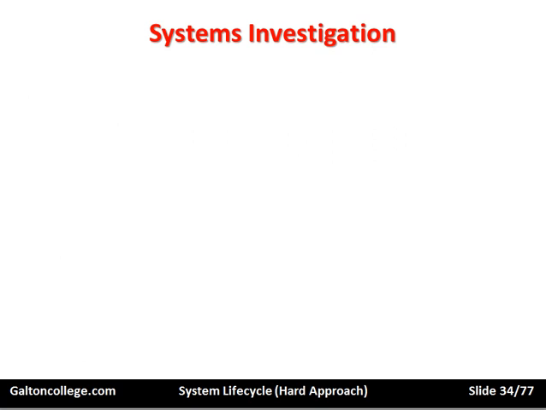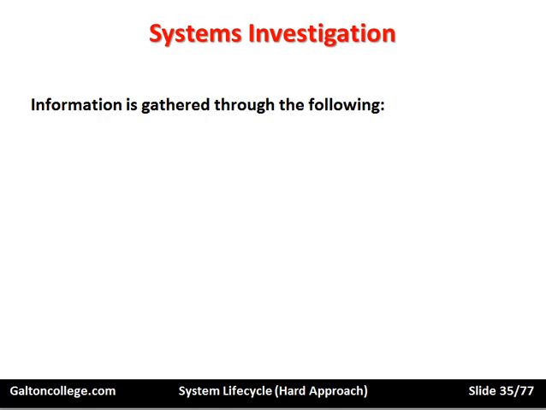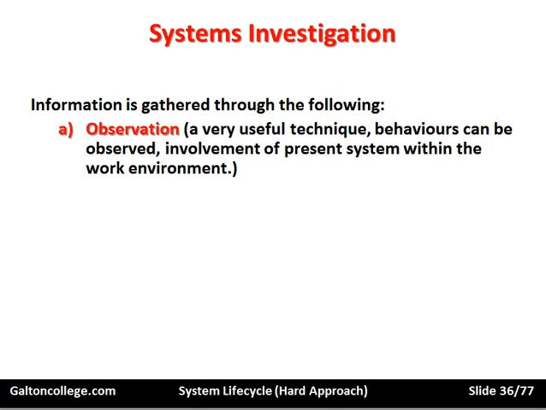Now, next we have the system investigation. This goes back to our waterfall model. So information is gathered through the following means. We gather information by observation. It's a very useful technique.